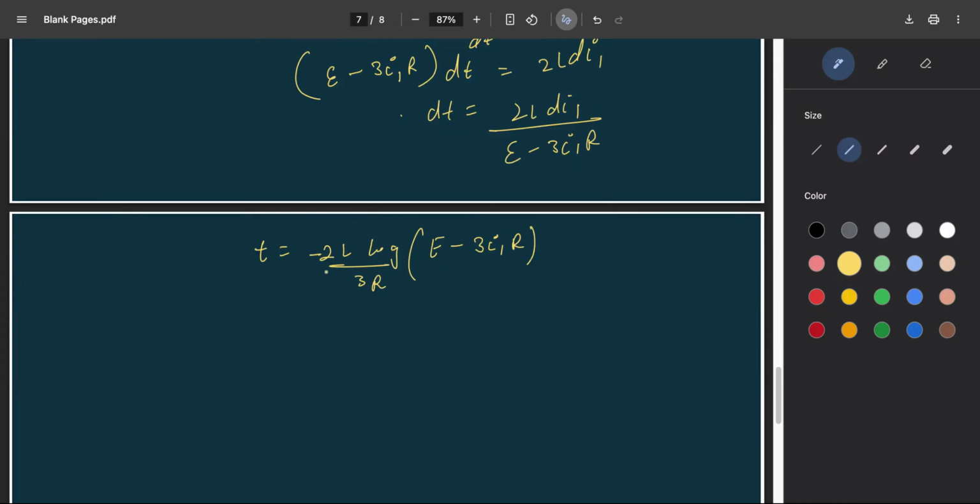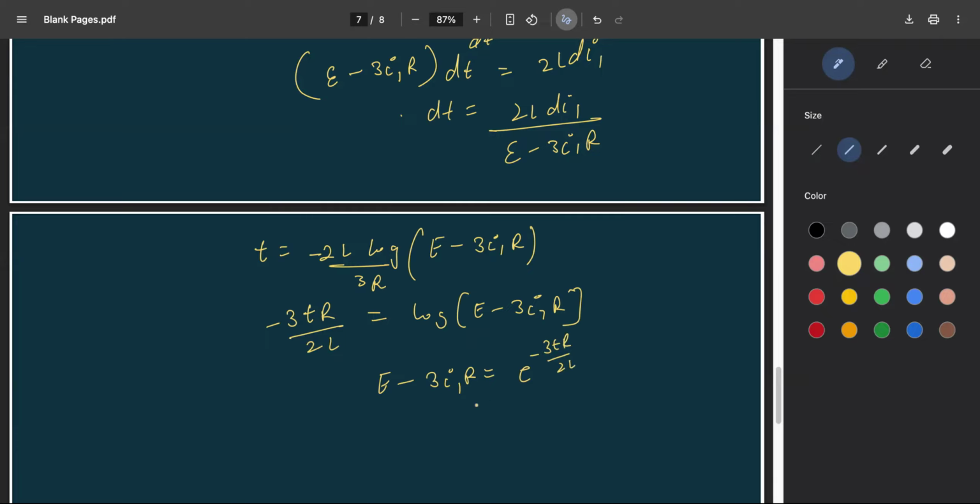So in a better form, if you keep it over here and write in logarithmic form, you are going to get 3Rt by minus 2L is equals to log of E minus 3I1R. So this comes out as E minus 3I1R is equals to e to the power minus 3Rt by 2L.